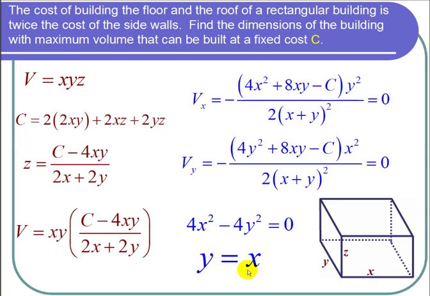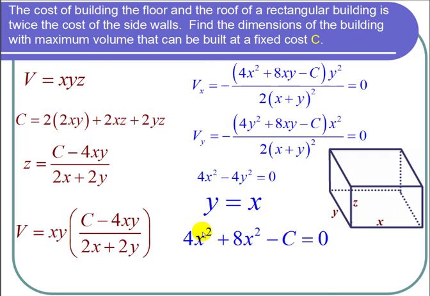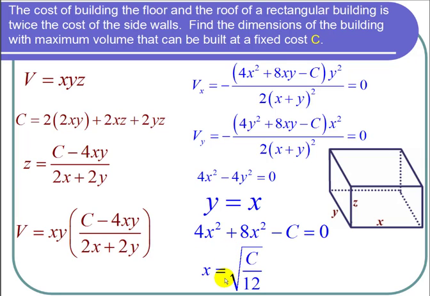Notice I don't worry about plus or minus because this is a building and it can't have negative sides. So now I can plug in to 4x squared plus 8xy minus C equals 0, and I get 4x squared plus 8x squared minus C equals 0, or 12x squared equals C, or x is equal to the square root of C over 12.